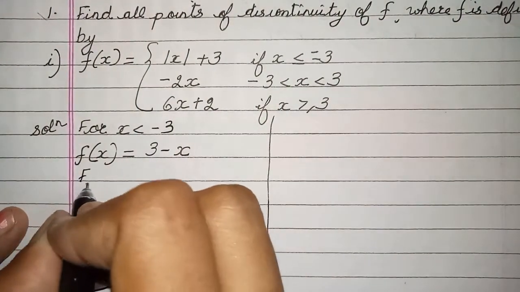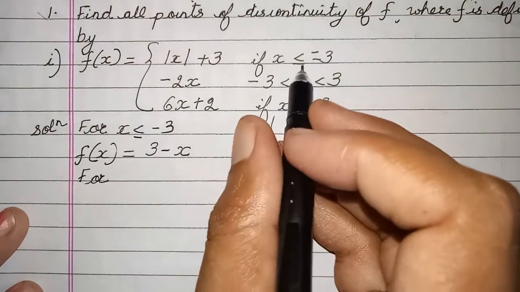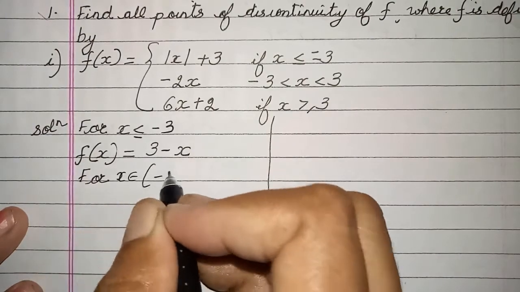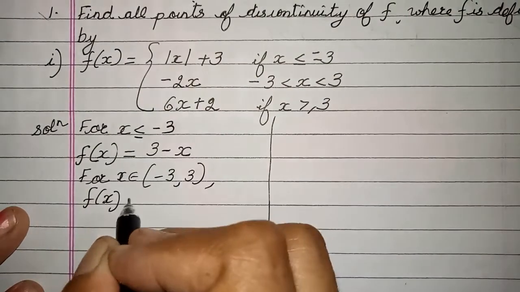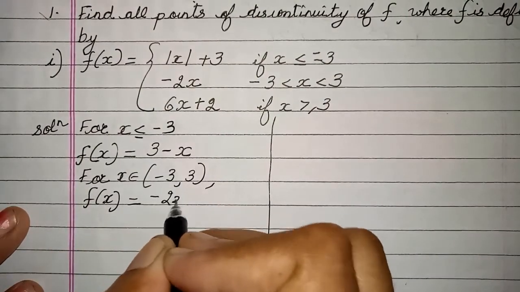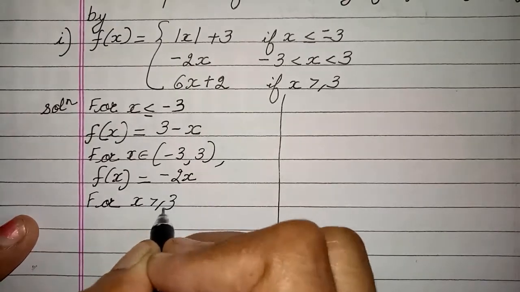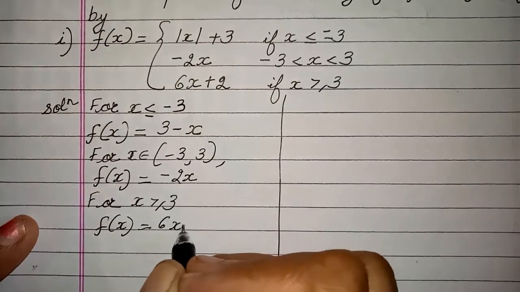Now this is for x less than or equal to -3. For x belonging to open interval -3 to 3, your function f of x is defined as -2x. And for x greater than or equal to 3, your f of x is defined as 6x plus 2.